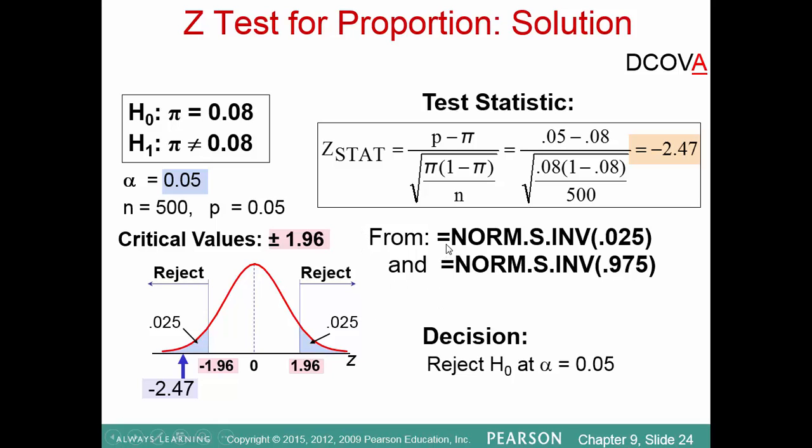The lower critical value is equal NORM.S.INV with 0.025 in the parentheses, and the upper is NORM.S.INV with 0.975. Since our test statistic of negative 2.47 is lower than our lower critical value, we reject the null hypothesis. And that means we reject the claim that the population proportion is 0.08.